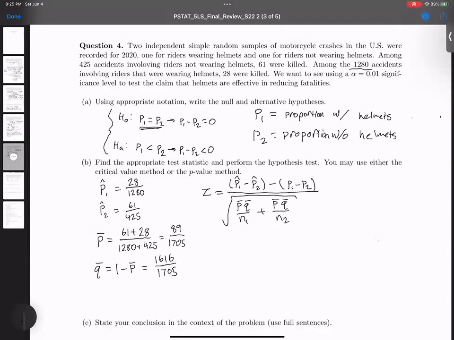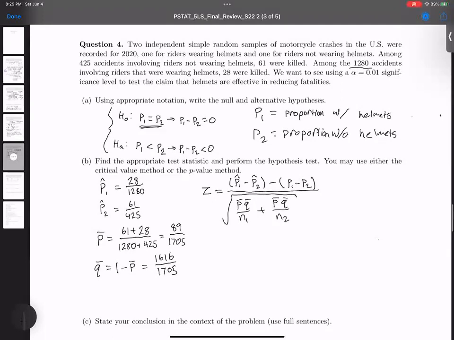Now we just plug everything in. So let's draw a little arrow. This 1280 would be N1. This 425 is N2. So we have everything that we need because P1 minus P2 here is assumed to be 0. So we have 28 over 1280 minus 61 over 425, all divided by, well, we could factor out P bar Q bar in the denominator.